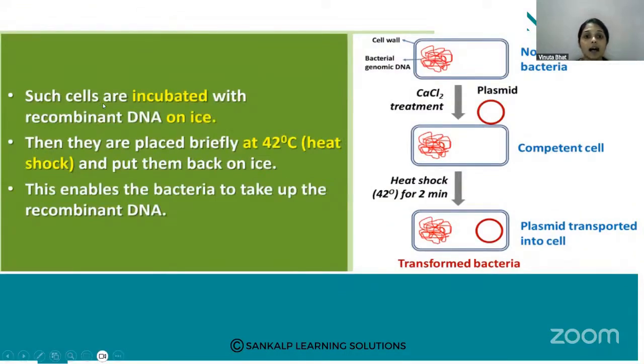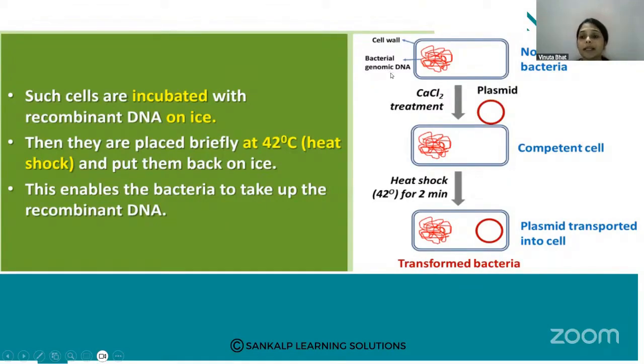Such cells are incubated with the recombinant DNA on ice. Then they are placed briefly at 42 degrees Celsius, that is the heat shock, and put back on the ice. This enables the bacteria to take up the recombinant DNA.